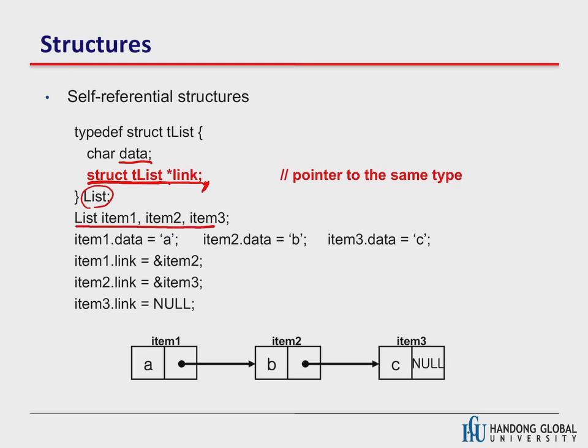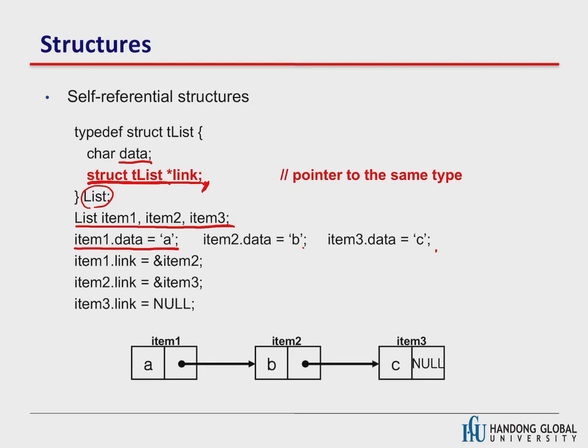Okay, so we have 3 list items, item 1, 2, 3. Then item 1 dot data can have A, and item 2 data can have B, and item 3 C, etc.